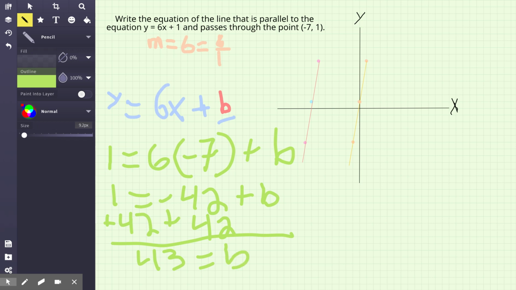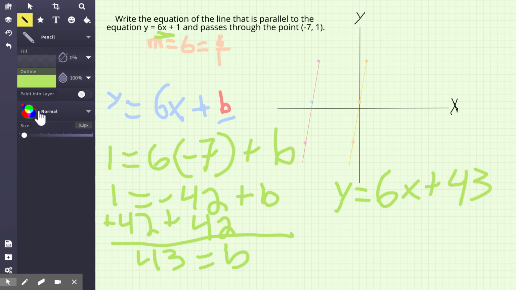So when I write my new equation, I always have the first part of my equation pretty much there for me. It's just the same slope as the other equation, so it's going to be y equals, in this case, 6x, because the slope in the other equation was 6, right? And then my new y-intercept we figured out is 43, so I'm just going to go plus 43.